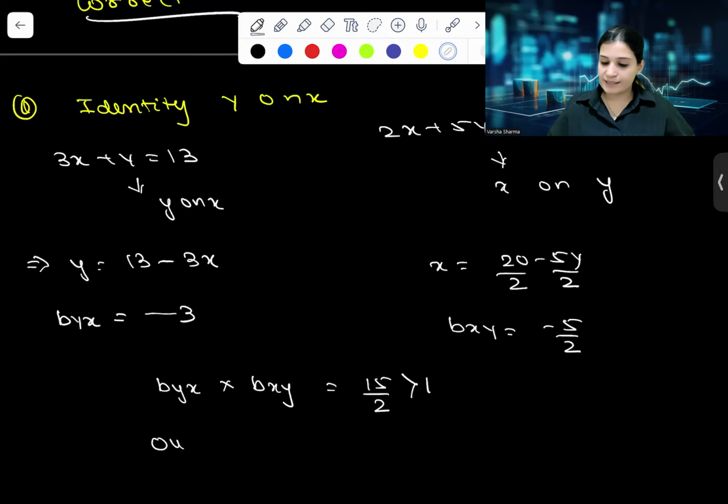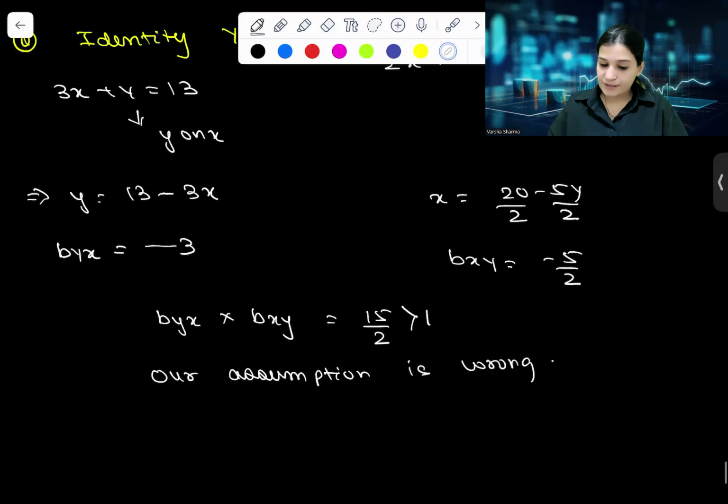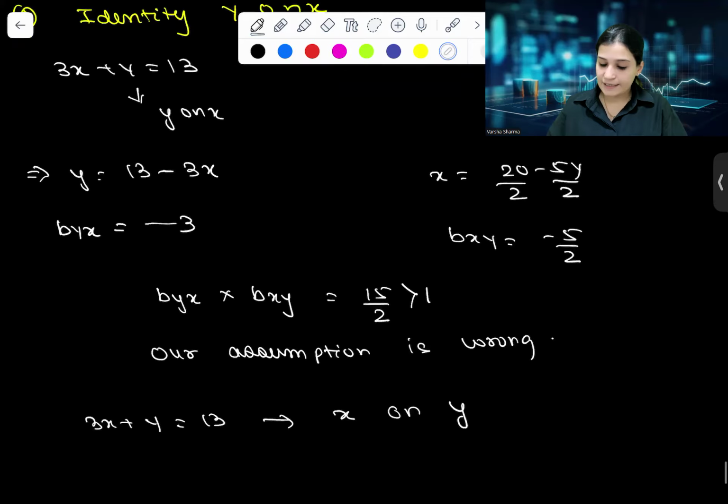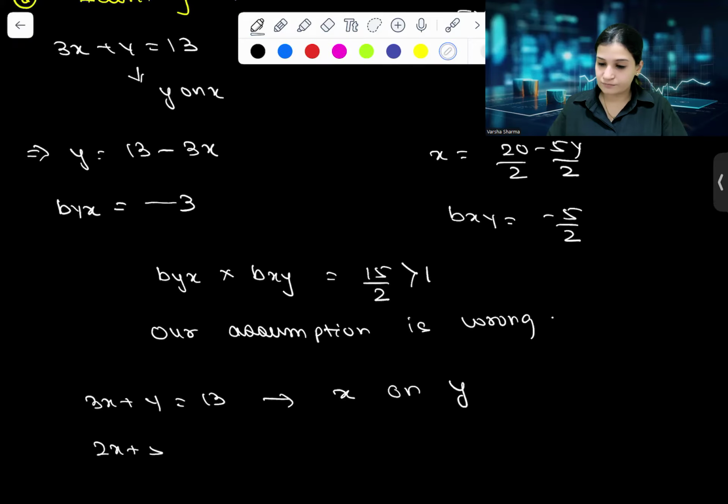That means our assumption is wrong. That means the first line is x on y. And the second line is y on x. Understood?